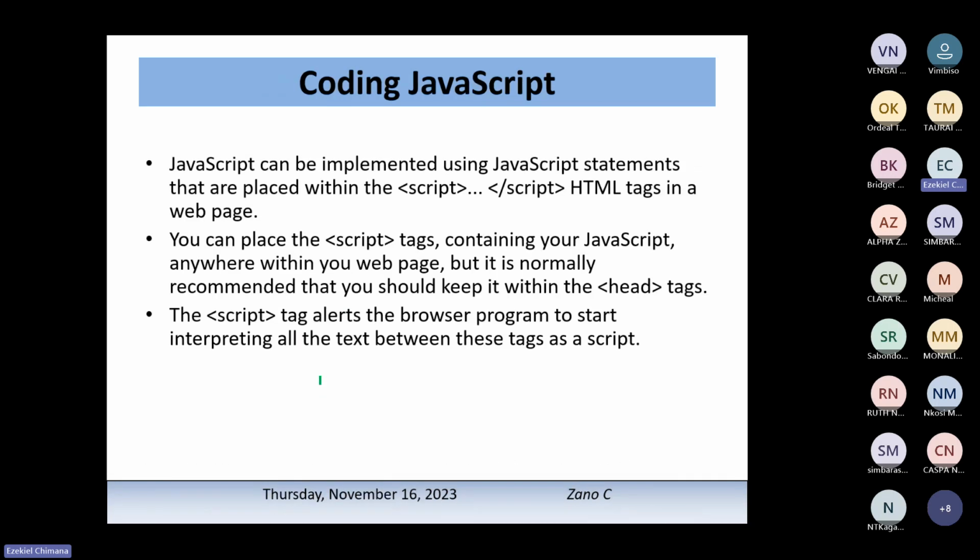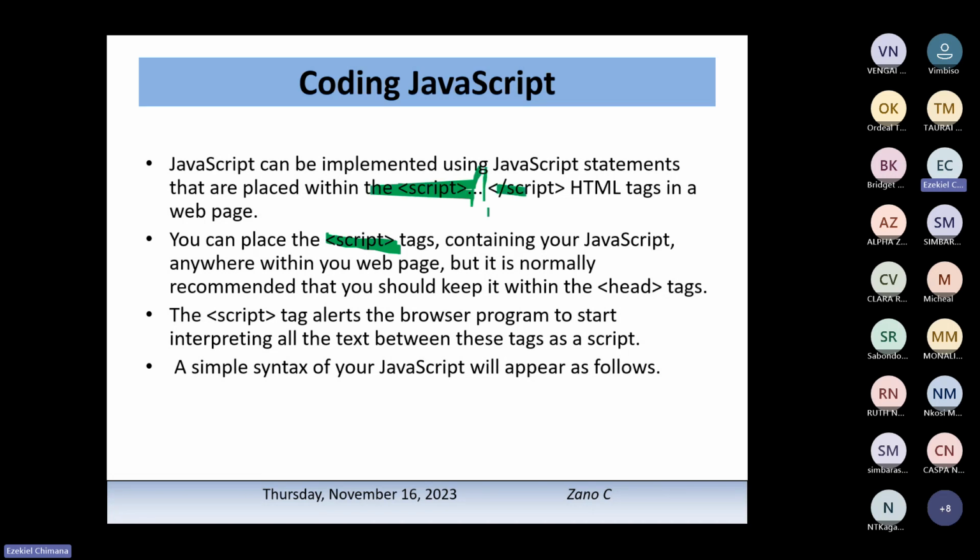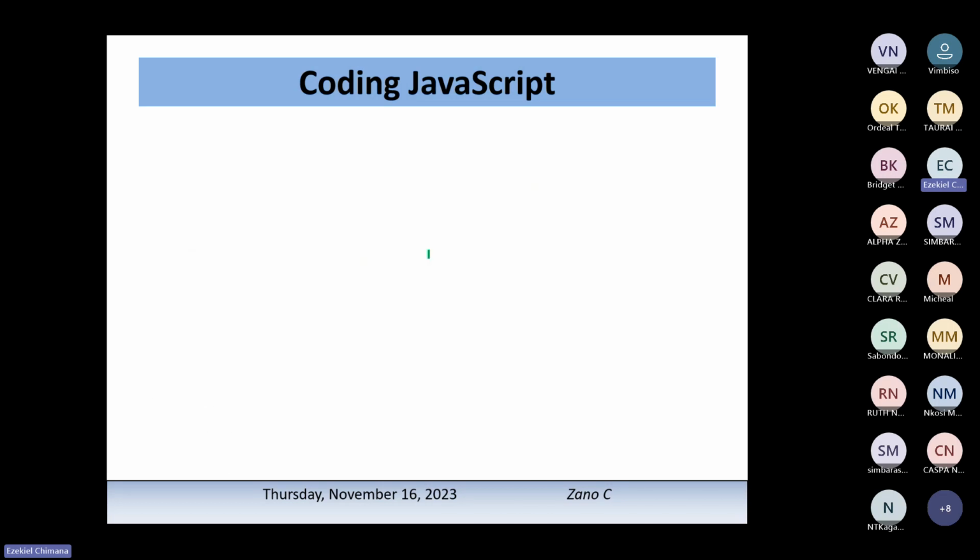This one is just a demo of how you can code JavaScript. Normally you put the JavaScript inside the head tags, using the tags called script. I'm sure I've shown you this. Everything that follows in between these tags is regarded as JavaScript code.